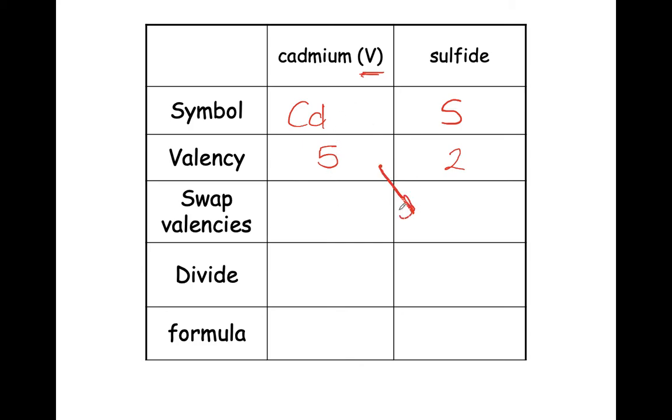If we swap these valencies around, 2 moves under here, 5 under there. Now 2 and 5 cannot be made into any smaller whole numbers, so it stays as 2 and 5. So our formula then is Cd2S5.